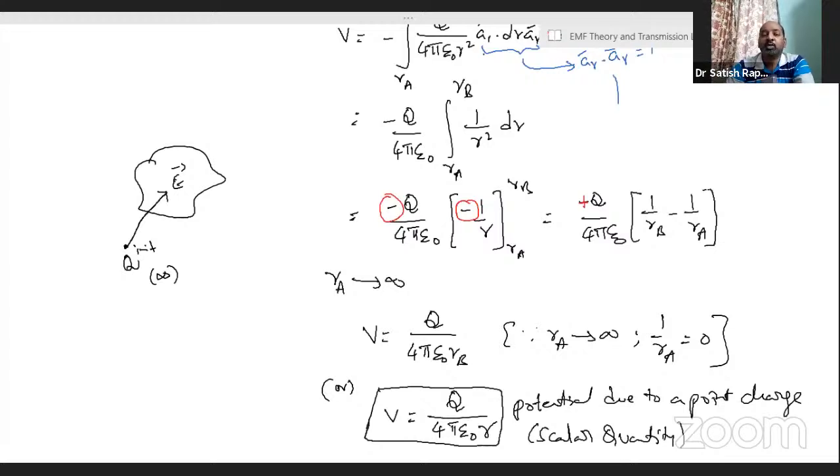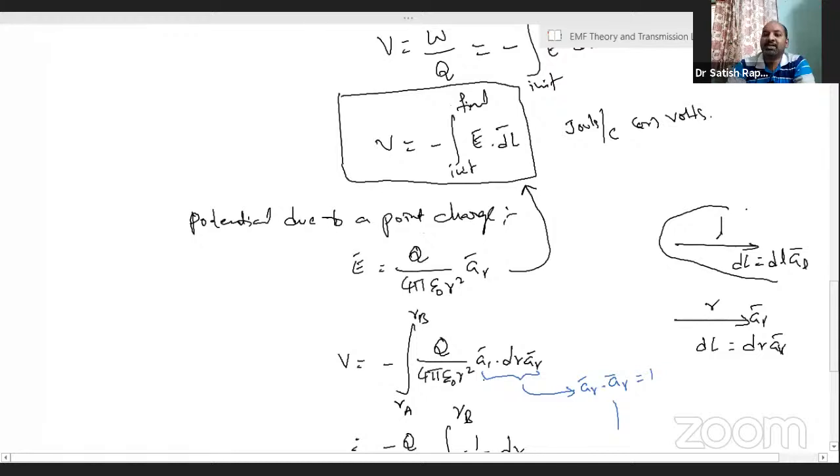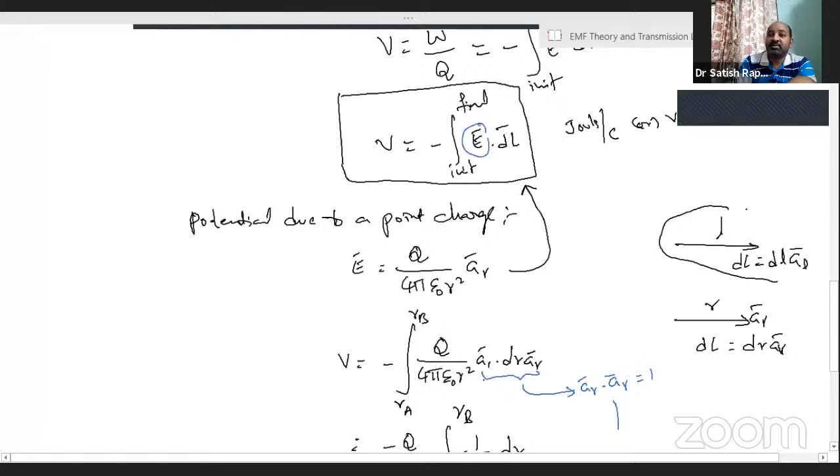And similarly, you can also determine potential due to a line charge or potential due to a surface charge, simply by substituting the electric field here.